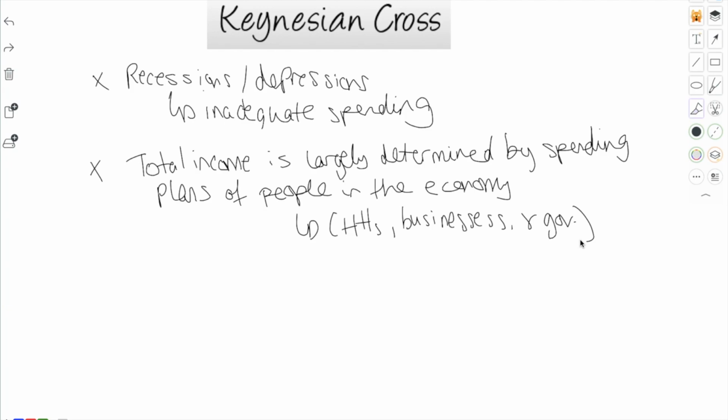We have households, so people like you and me, the general public, we have firms or businesses, and we also have government. So how they're choosing to spend their money is what's going to overall impact the economy. And then what he's gone and done is he's built a really simplistic model, the Keynesian Cross, that is an attempt to model all of this.